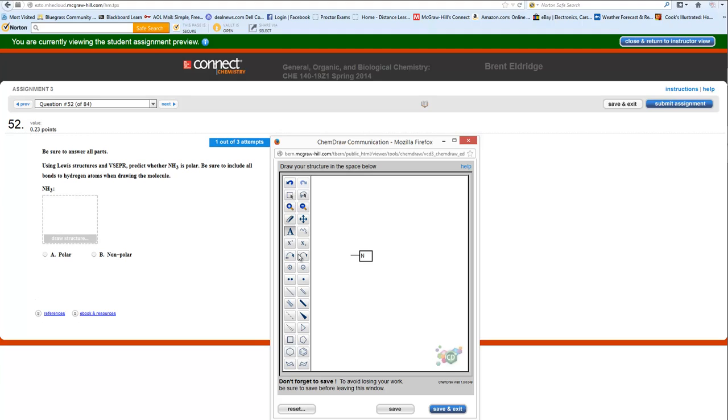And then I'm going to take a single bond, and highlight the blue, pull the nitrogen down here, pull another one here, and then they click here, and they go, what am I doing? What am I doing?